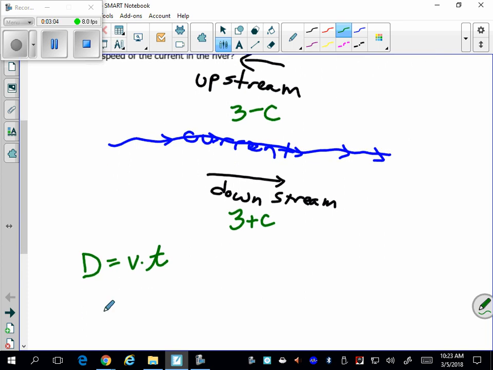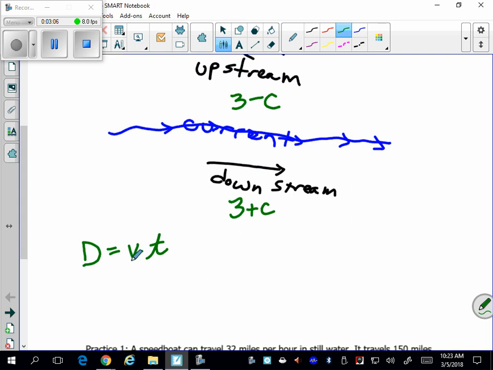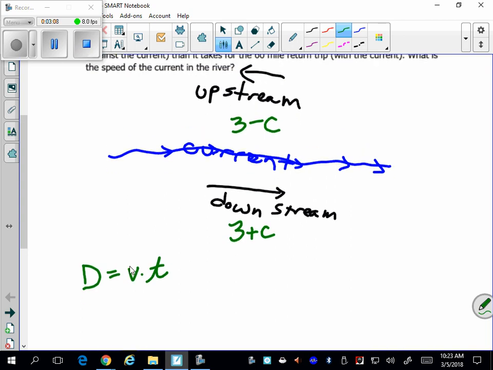Since we don't know time exactly, I'm going to solve this formula for time. To do that, we're going to divide by velocity. So we have a general formula of time equals the distance divided by velocity.